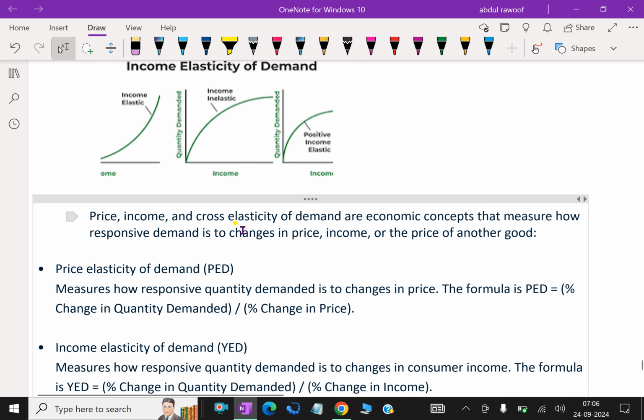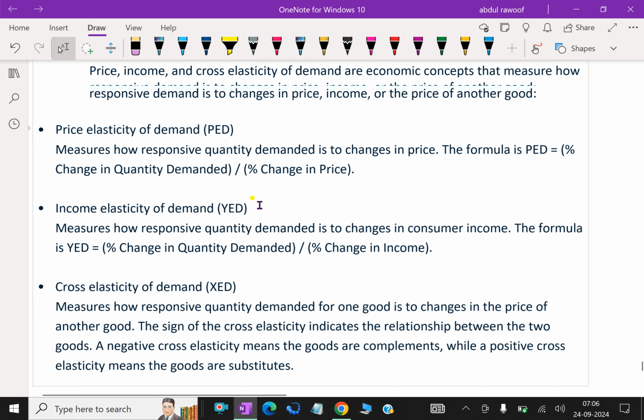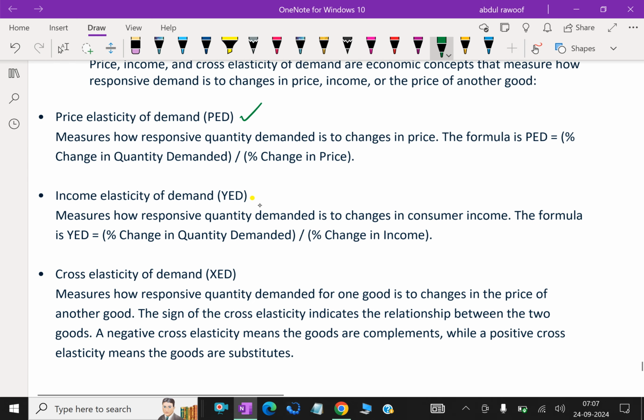Price, income and cross elasticity of demand are economic concepts that measure how responsive demand is to change in price, income or the price of another good. Price elasticity of demand, PED, measures how responsive quantity demanded is to change in price.